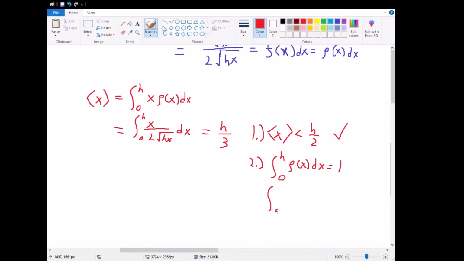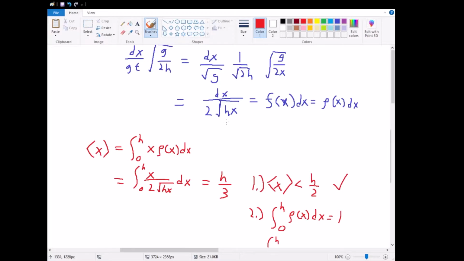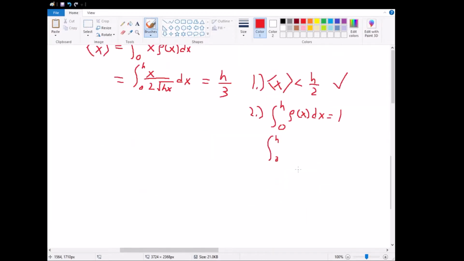We can say an integral from 0 to h of our rho of x dx, which is 1 over 2 square root of hx dx, and if you plug this into a calculator, this does indeed equal 1, so this is also met. So we're reasonably confident that our answer is correct. H over 3 is in fact the average distance that the rock has traveled.